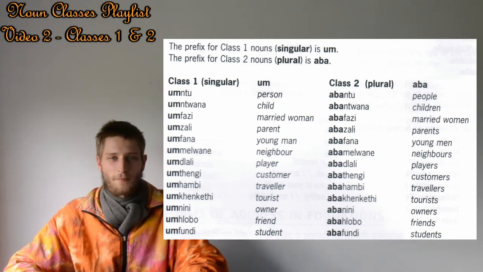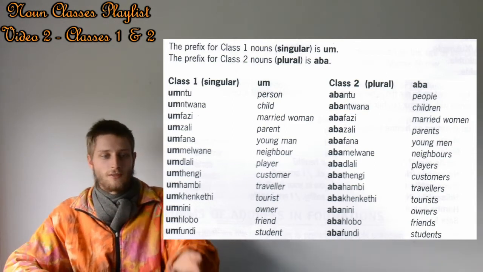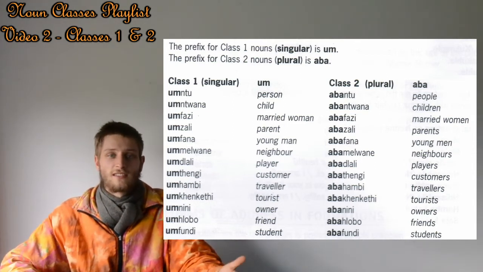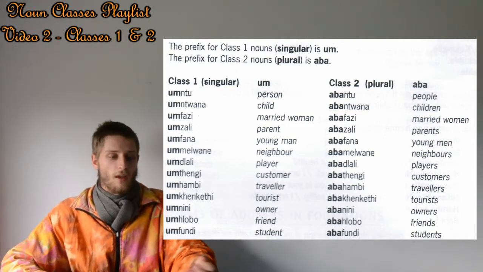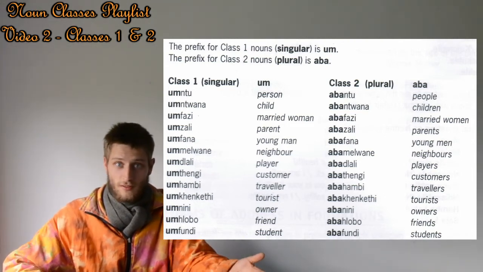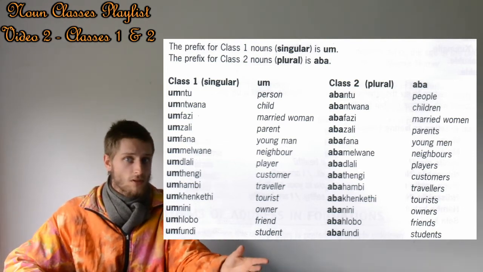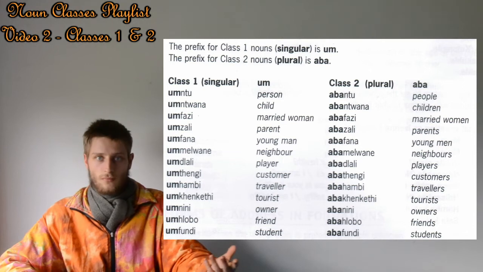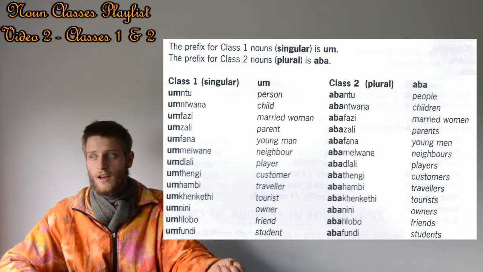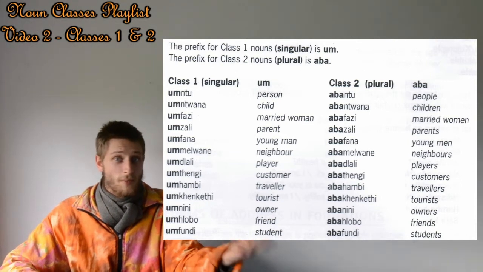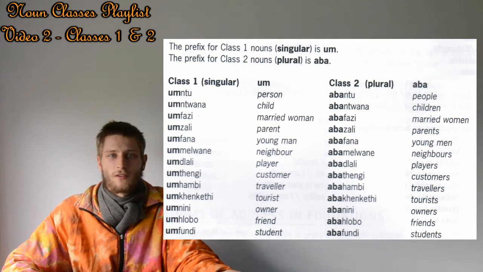Here's an example. If I say, ndiyathanda umntu, it means I love a person, because it's umntu. Whereas if I said ndiyathanda abantu, then it means people. So in English we would have two different words, people and person, spelled differently.